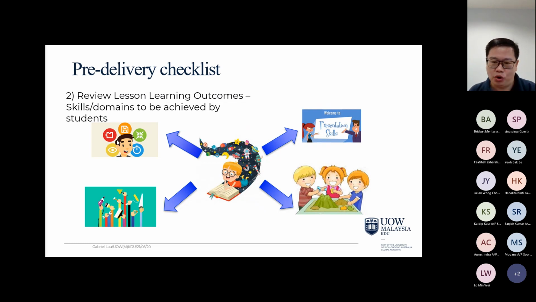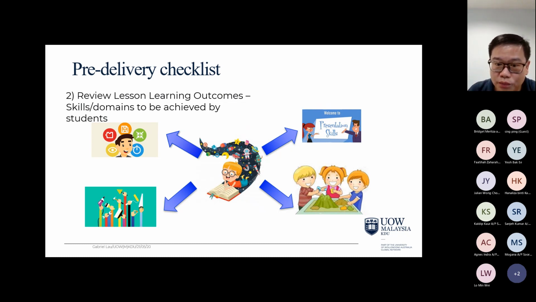Now, why is it important? You need to know this part very clearly because it will determine your online lesson. It will determine what kind of activities you put into the lesson itself. That is why it is important. The second thing is what kind of skills or domains to be achieved by the student.